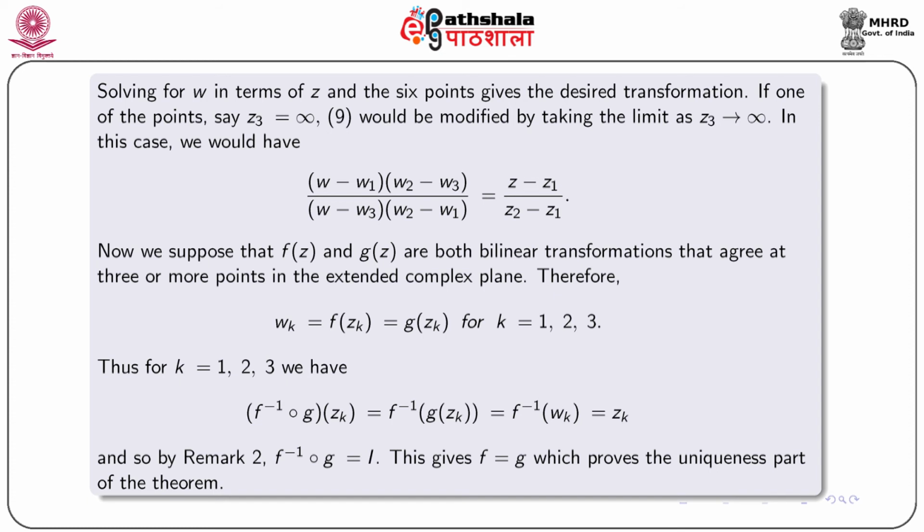Thus, for k equal to 1 to 3, we obtain f inverse compose g of zk equal to f inverse of g of zk, that is equal to f inverse of wk, which is equal to zk, and so by remark 2, f inverse compose g equal to I, that is identity transformation. This gives f equal to g, which proves the uniqueness part of this theorem.